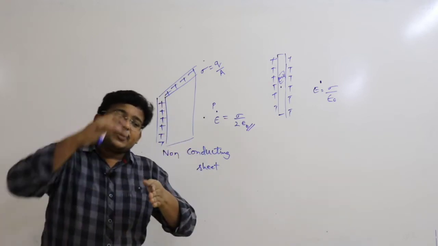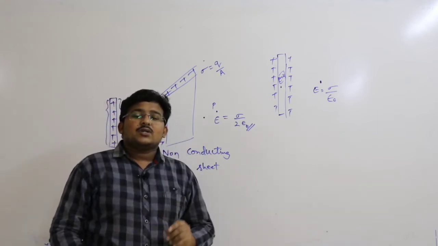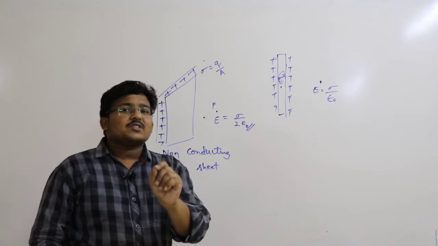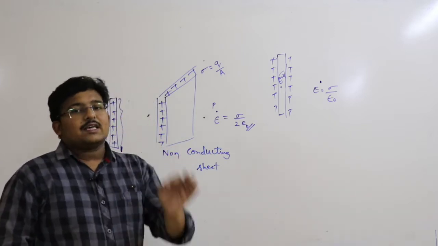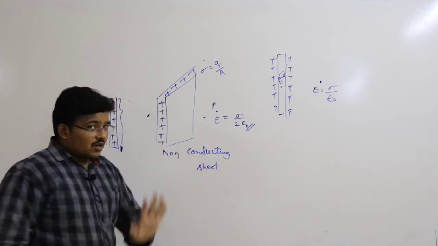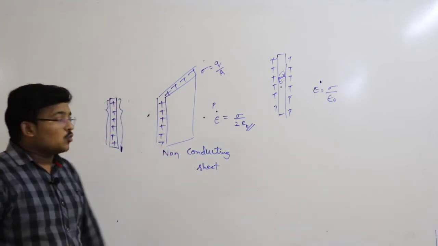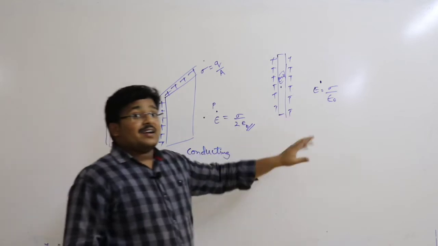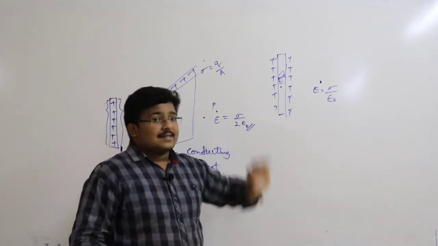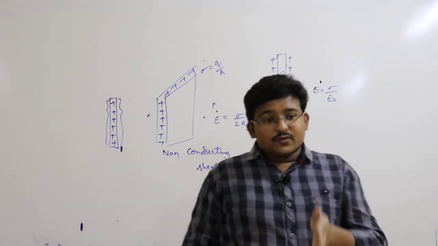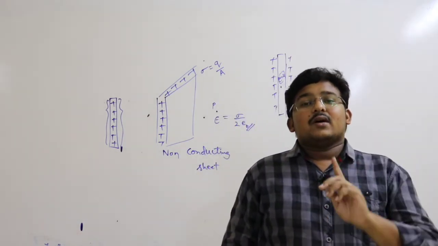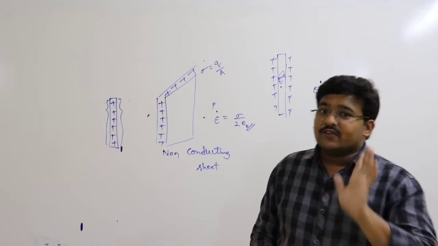If charge is accumulated on only a single surface, then the electric field intensity due to the single surface is sigma by 2 epsilon naught. Keep in mind: for a non-conductor, sigma by 2 epsilon naught. For a conductor, due to the two surfaces, sigma by epsilon naught. If on a conductor the charge is only on one surface, sigma by 2 epsilon naught. It is very, very important.